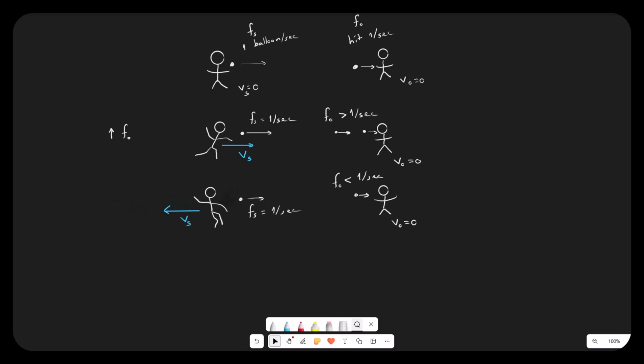I'm not changing my throwing speed, I'm just one per second. So now I am decreasing my observed frequency.